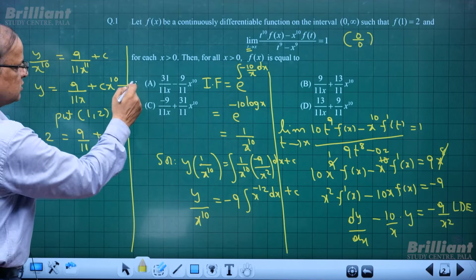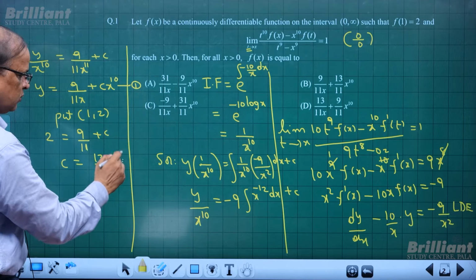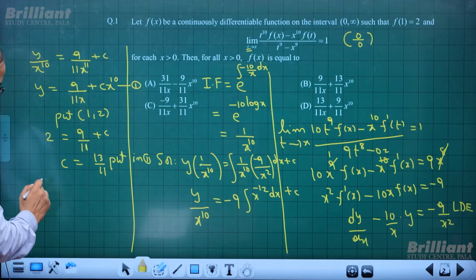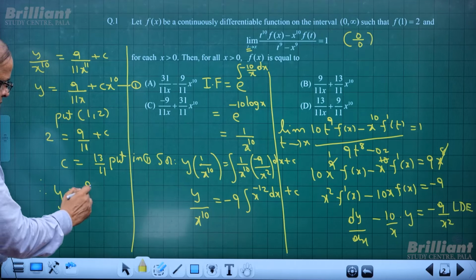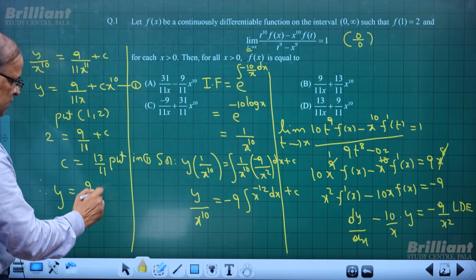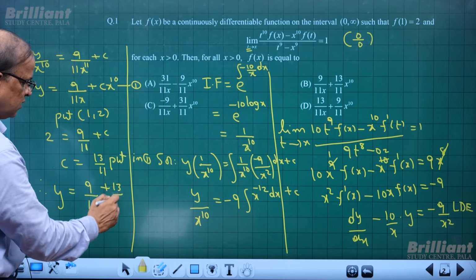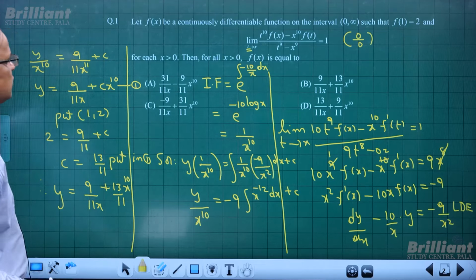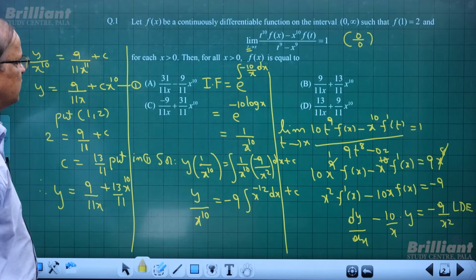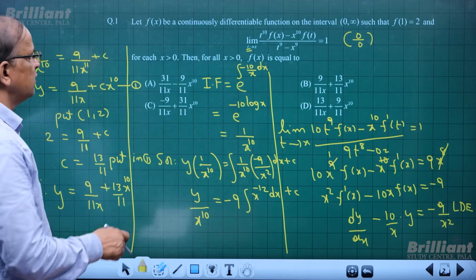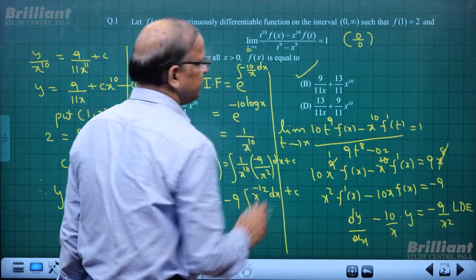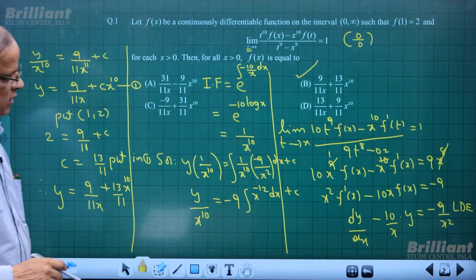Therefore y is equal to 9 by 11 x plus 13 by 11 x power 10. So B option is correct.